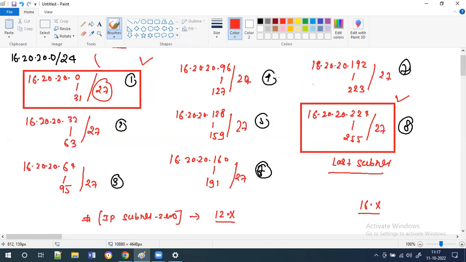This is the IP address, right? So what I'm doing, I'm taking one subnet and assigning it to the particular interface.